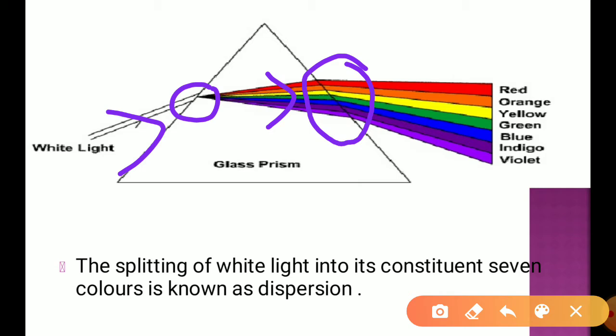When we receive this dispersed light on a white screen, we get a band of seven colors known as a spectrum.